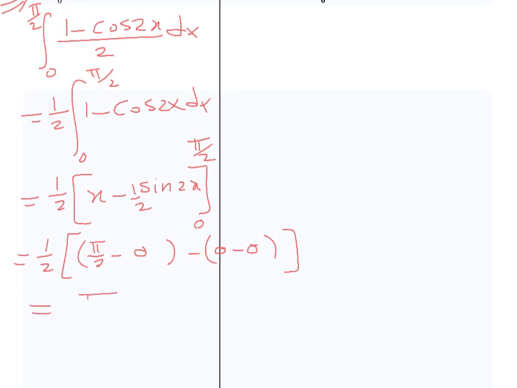So the final answer will be pi divided by 4.